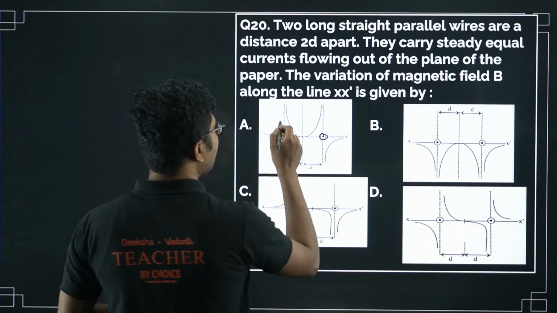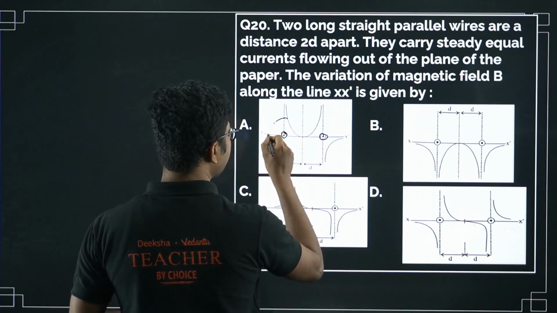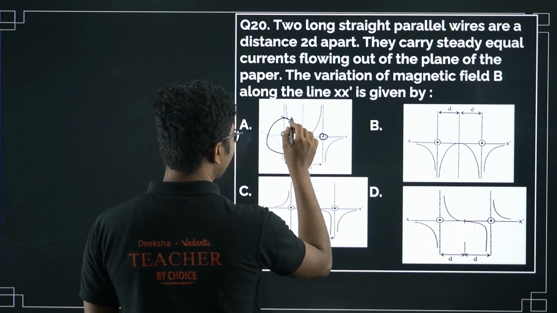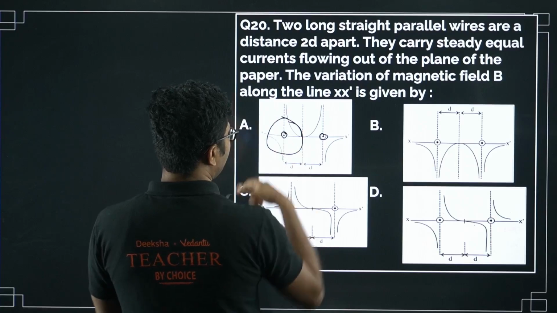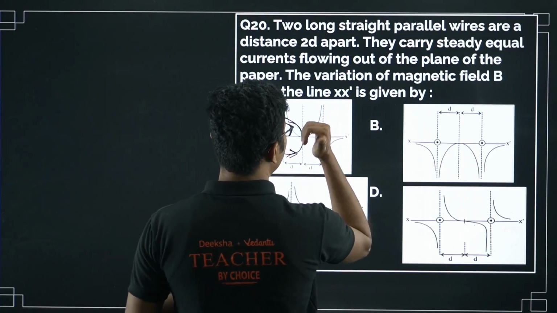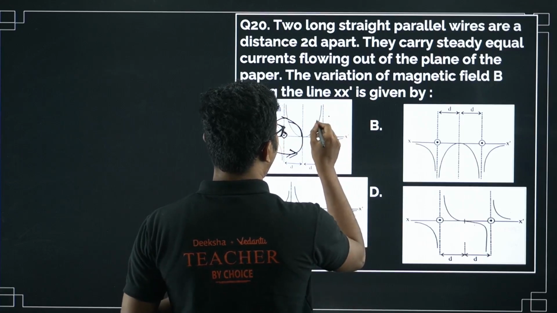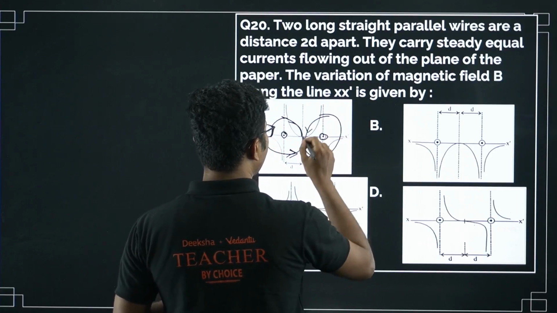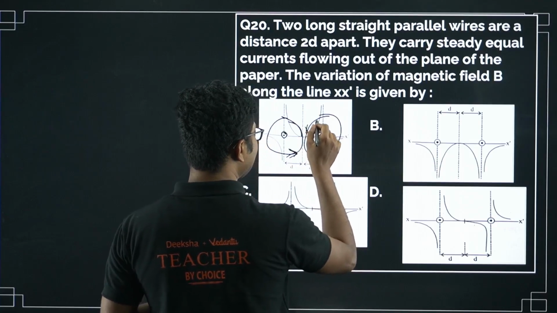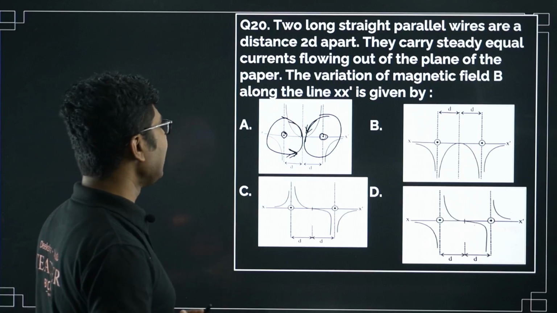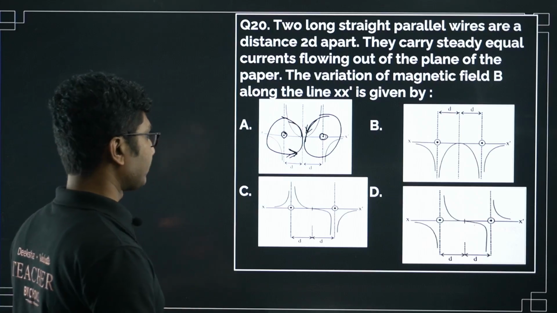So the magnetic field of this wire will be circular, and it will be in this direction. And the magnetic field of the other wire will be in this direction. So they will cancel each other. As you can see, the magnetic field at the center will be cancelling each other, so it will be 0.